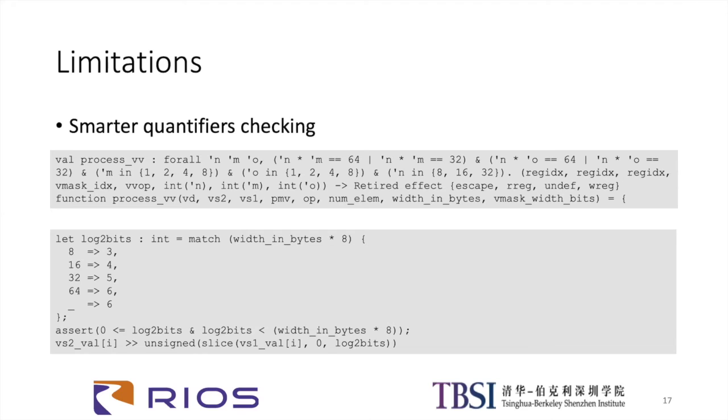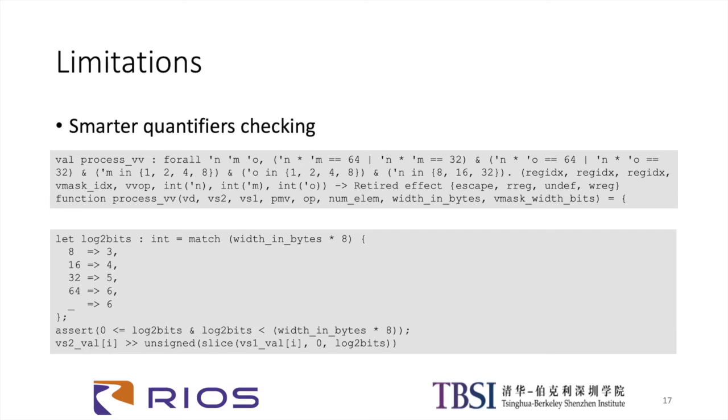In this example, the code generates the log2 of the element width in bits. Possible values of width in bytes are defined in the function prototype, which are 1, 2, 4, and 8. A match statement defines all the possible values of log2 bits based on all the possible values of width in bytes times 8.